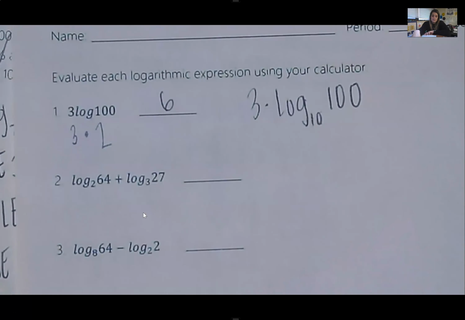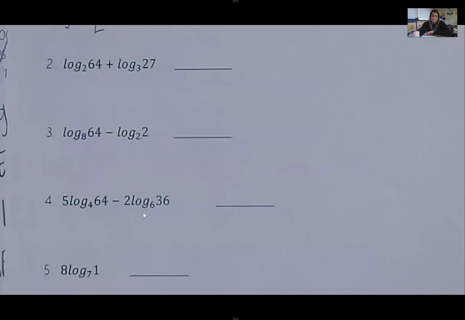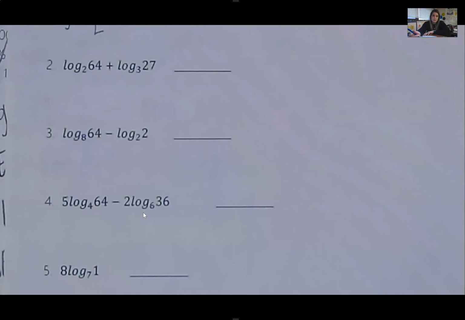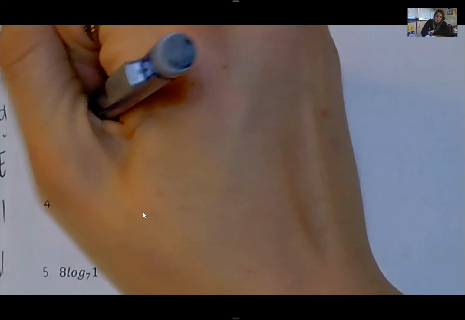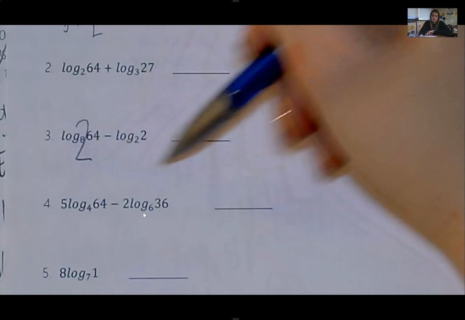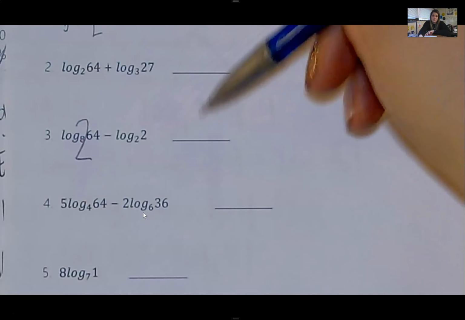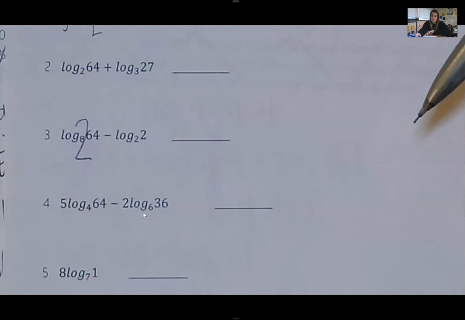Or like on number 4, just kidding, let's look at number 3. If you just wanted to write it big over it, like log base 8 of 64 is 2, then you just need to find log base 2 of 2, and that'll give you your answer here.